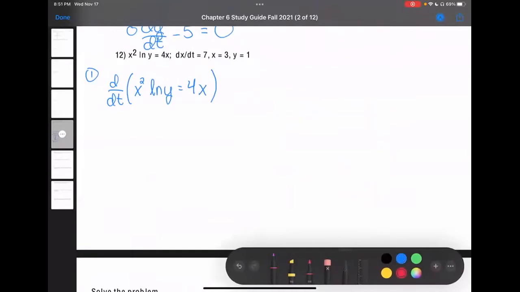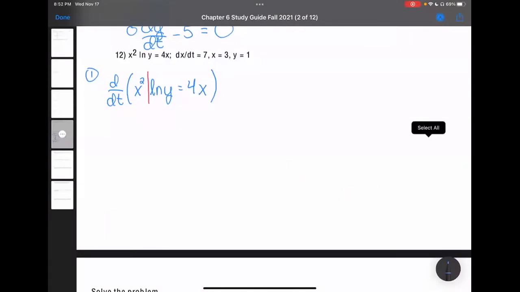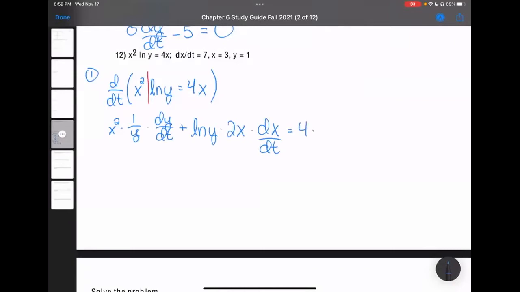We see here that we have another product rule. So first times derivative of the second, derivative of natural log of y is 1/y times dy dt, plus the second times derivative of the first. Remember, we need the dx dt, equals derivative of 4x is 4 times dx dt.